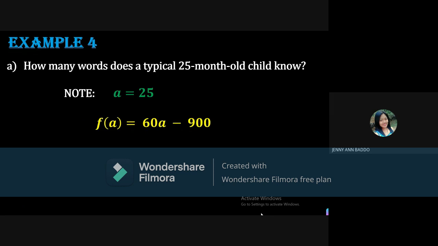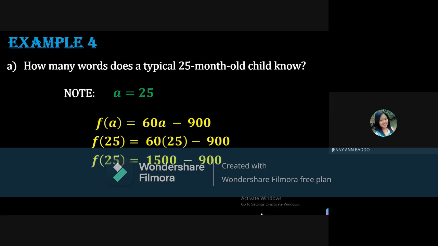Therefore, using our function, f of 25 is equal to 60 times 25 minus 900. And 60 times 25 is 1,500, minus 900 is 600. Therefore, a 25-month-old child knows 600 words.